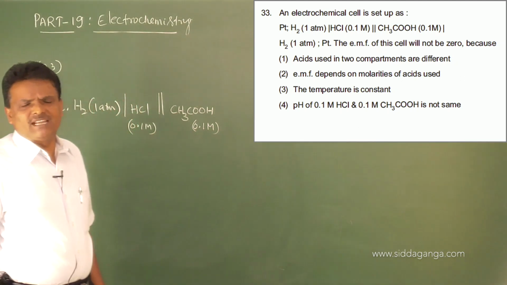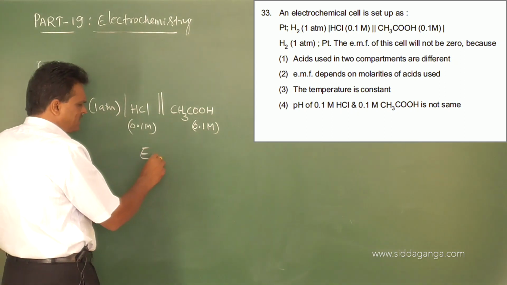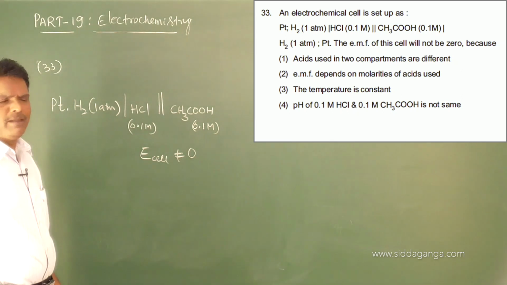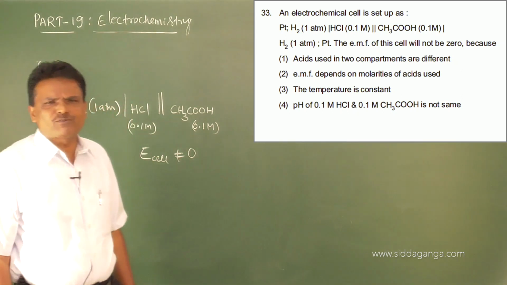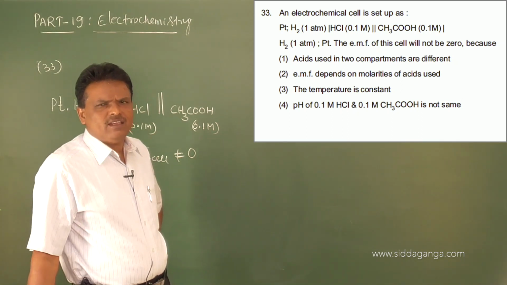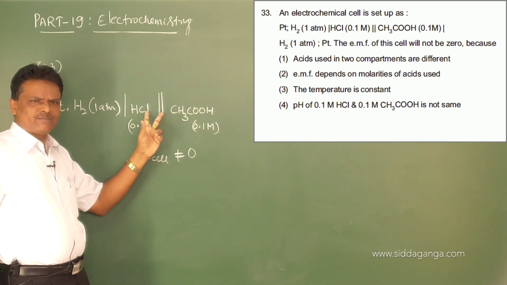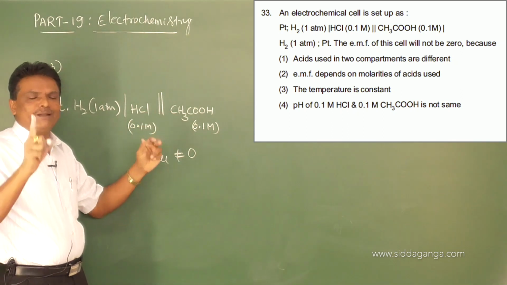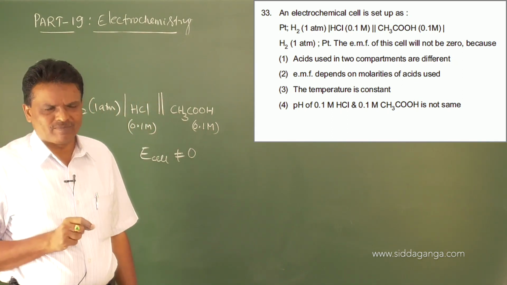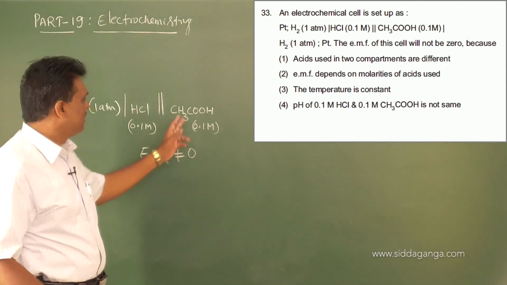The EMF of the cell will not be zero. So EMF E cell is not equal to 0, because option 1: acids used in the two compartments are different. Even though two different acids are used in the containers, the condition is that H plus ion concentration remains the same. H plus ion, not the concentration of acid.